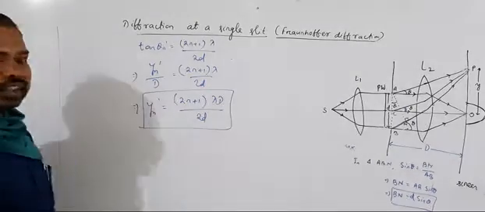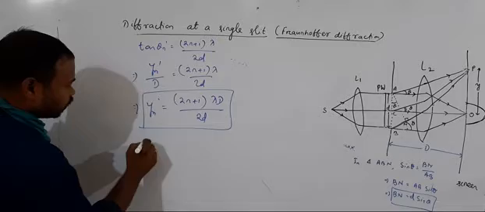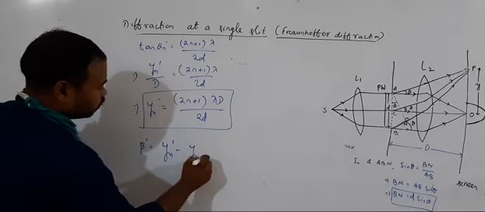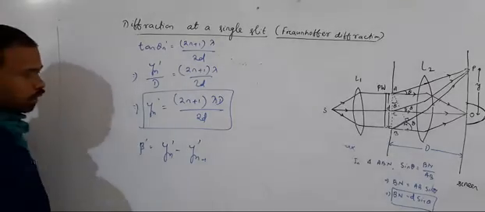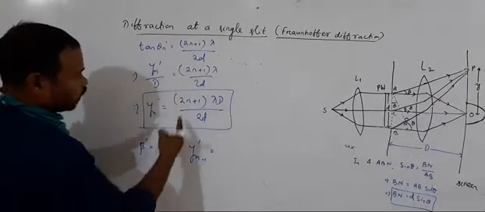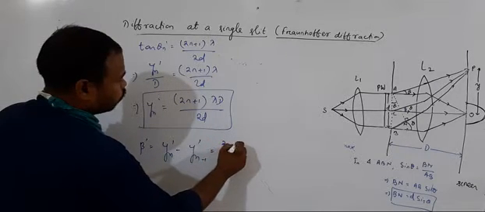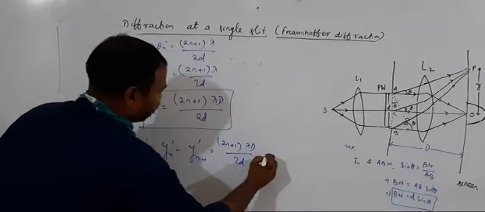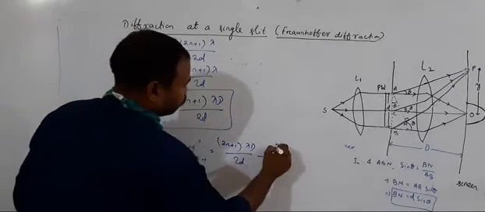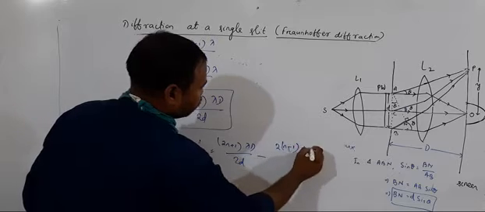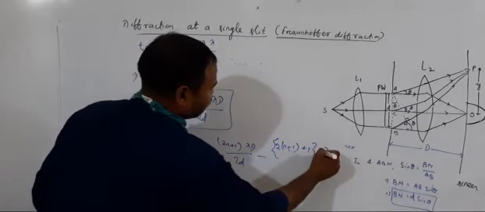The width of each minimum is equal to yn dash minus yn minus 1 dash. If we calculate this, we get yn dash equal to 2n plus 1 lambda D by 2d minus 2n minus 1 plus 1 lambda D by 2d.